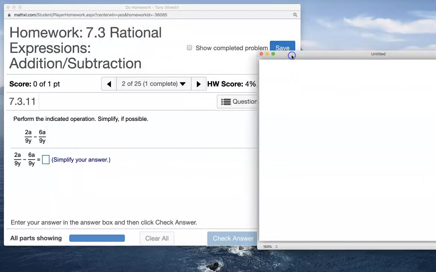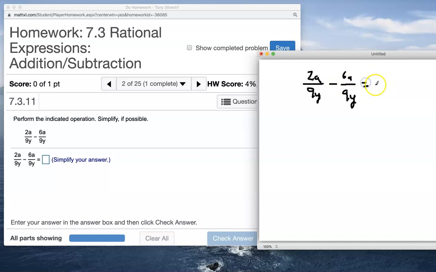And it looks to me like I got 2a over 9y. I don't care that there's two separate variables. That's all right. 6a over 9y. All right.